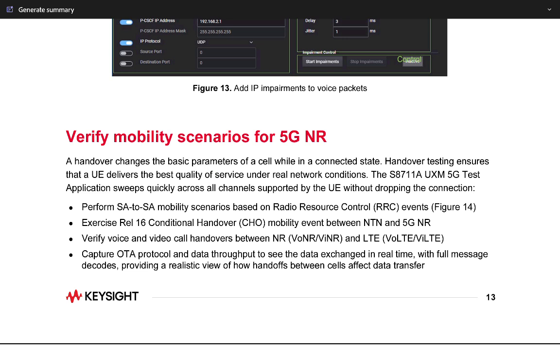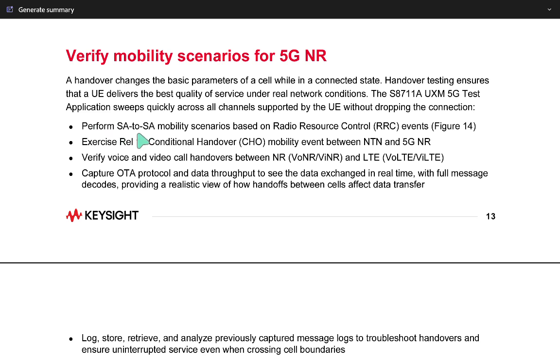Handover testing ensures that a UE delivers the best quality of service under real network conditions. The S8711A UXM 5G test application sweeps quickly across all channels supported by the UE without a drop in the connection. Perform SA-to-SA mobility scenarios based on a radio resource control (RRC) event. Figure 14.